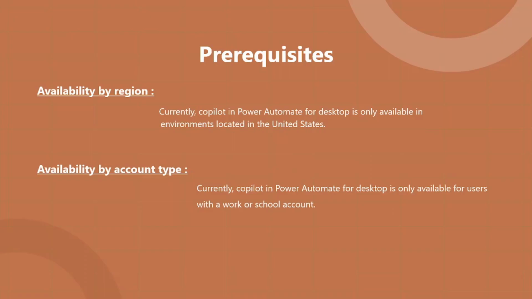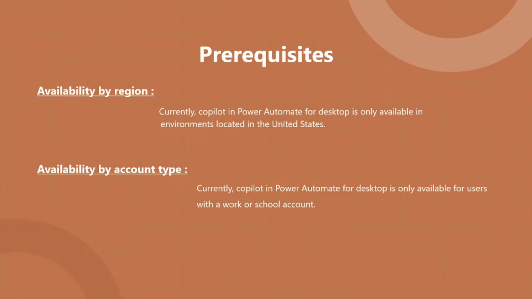To be able to use the Power Automate Copilot, there are a couple of prerequisites. First, currently the Copilot in Power Automate for desktop is only available in environments which are located in the United States region. For some reason, if you are not able to see the Copilot in your Power Automate for desktop, one of the reasons could be that your environment is not located in the United States region.